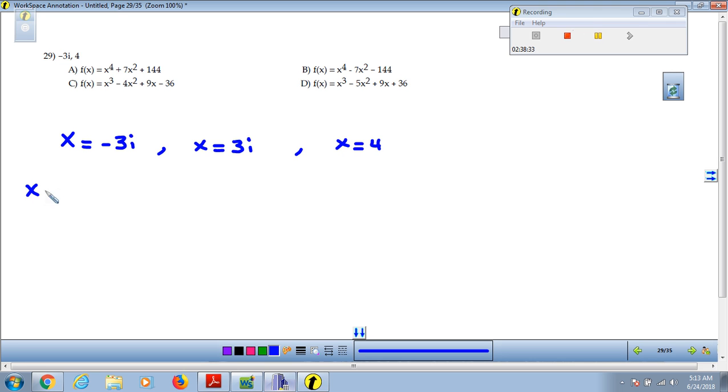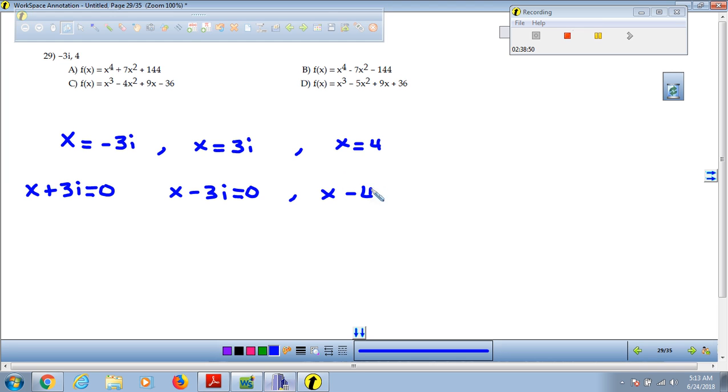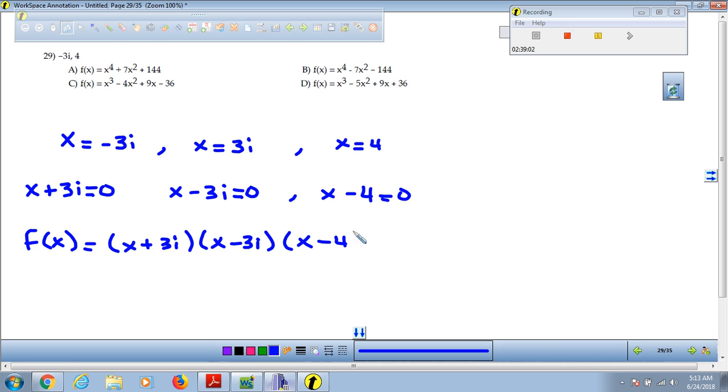So x plus 3i, when I move the negative 3i to the other side, x minus 3i, and x minus 4 equals 0. So then f of x equals x plus 3i, x minus 3i, and x minus 4.